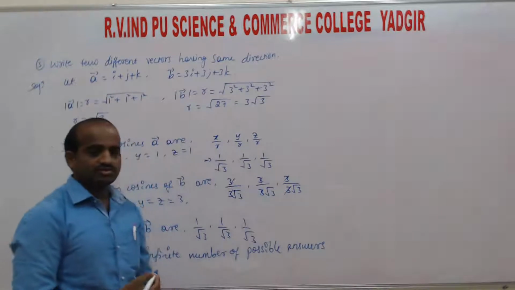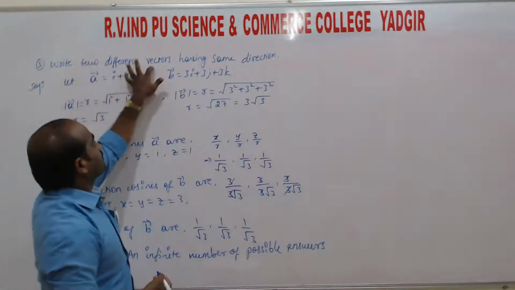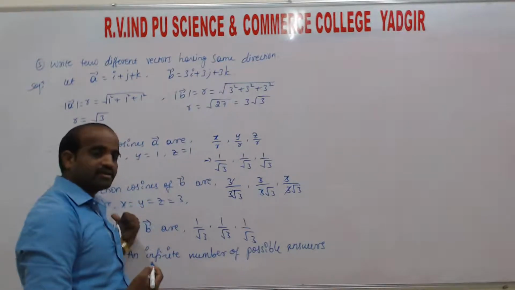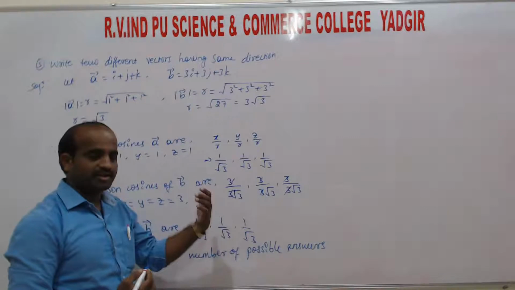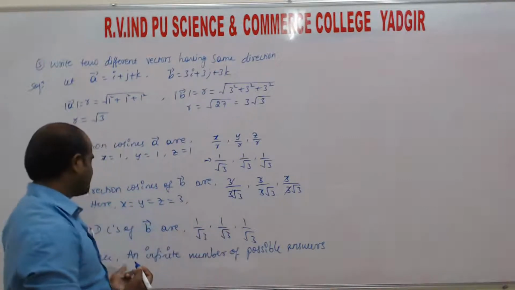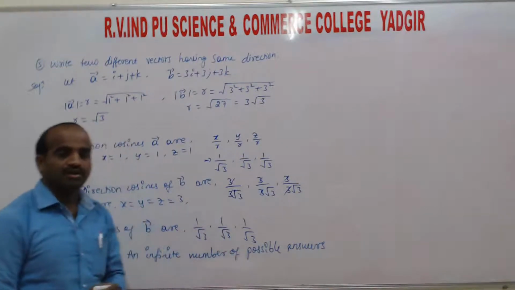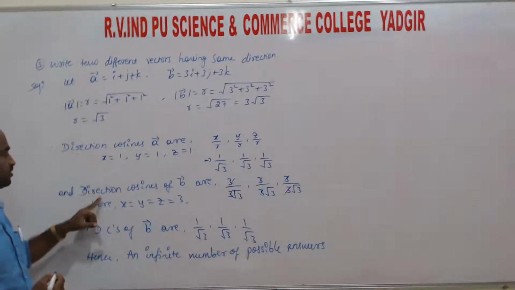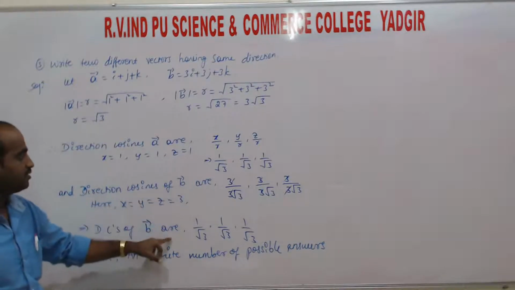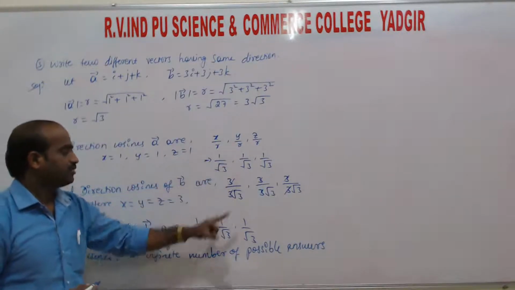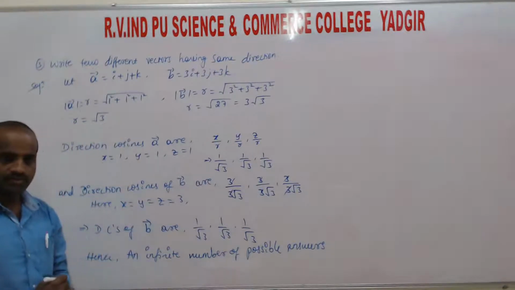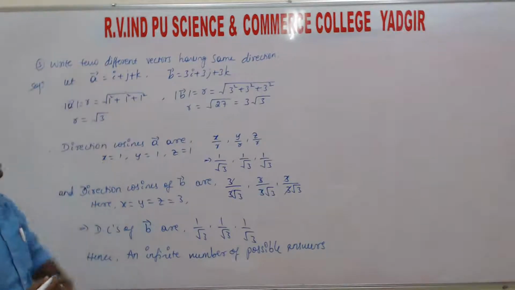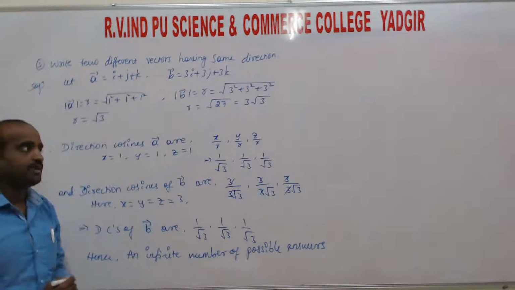The previous question is also the same: write two different vectors having the same magnitude. a vector is not equal to b vector, but the magnitude of a vector is equal to the magnitude of b vector. If you take any two vectors of that type, the answer is an infinite number of possible answers. Direction cosines of a vector are equal to direction cosines of b vector, 1 by root 3, 1 by root 3, 1 by root 3. This is the other type of question, for 2 marks: write two different vectors having the same direction.